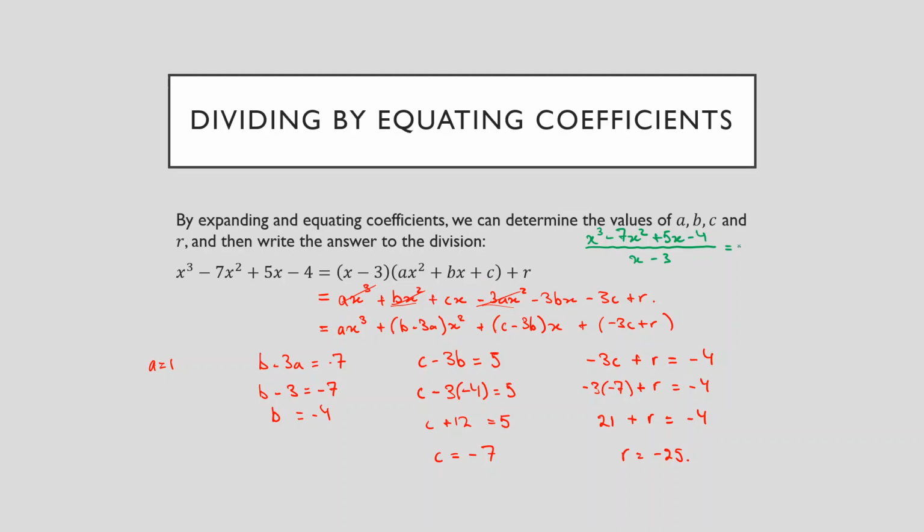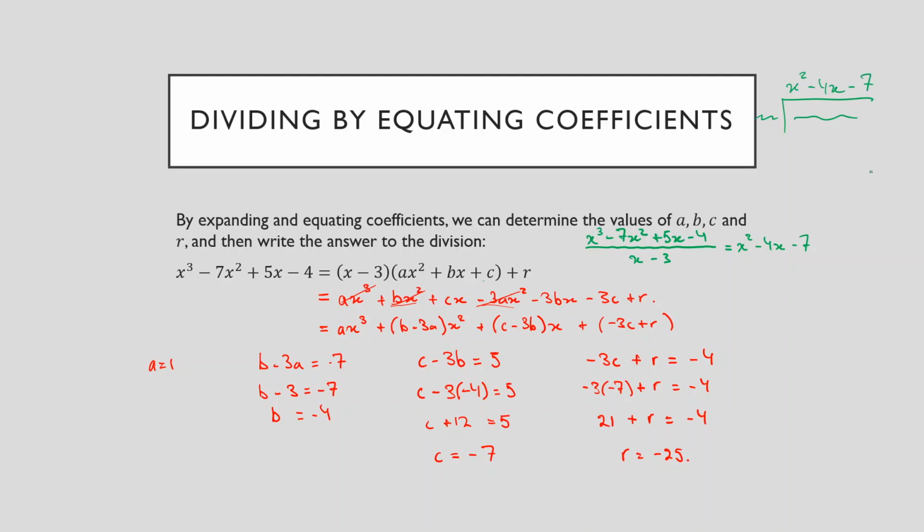So I can write it out as x squared minus 4x, because b is negative 4, and minus 7, because the c worked out is negative 7. Plus the remainder bit. Now remember, when we do our long division, we end up with x squared minus 4x minus 7.